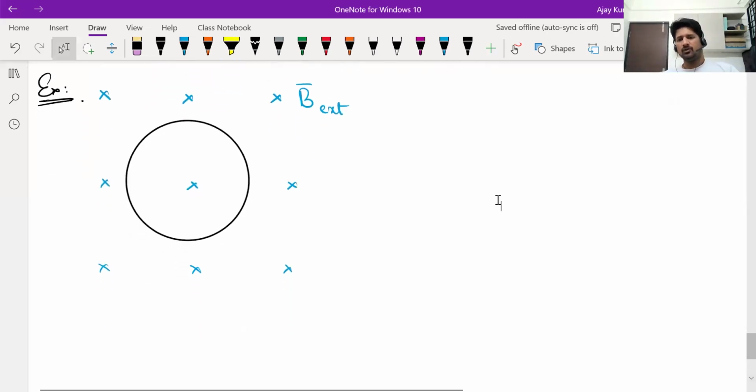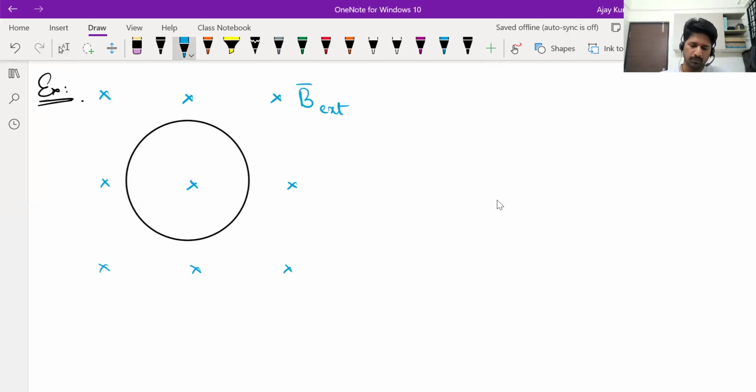Now tell me, if the loop is in the plane of your screen and magnetic field lines are into the screen, is there flux through this loop or not? There is flux through this loop. In which direction are the field lines passing through this loop? Into the screen, into the loop, correct.